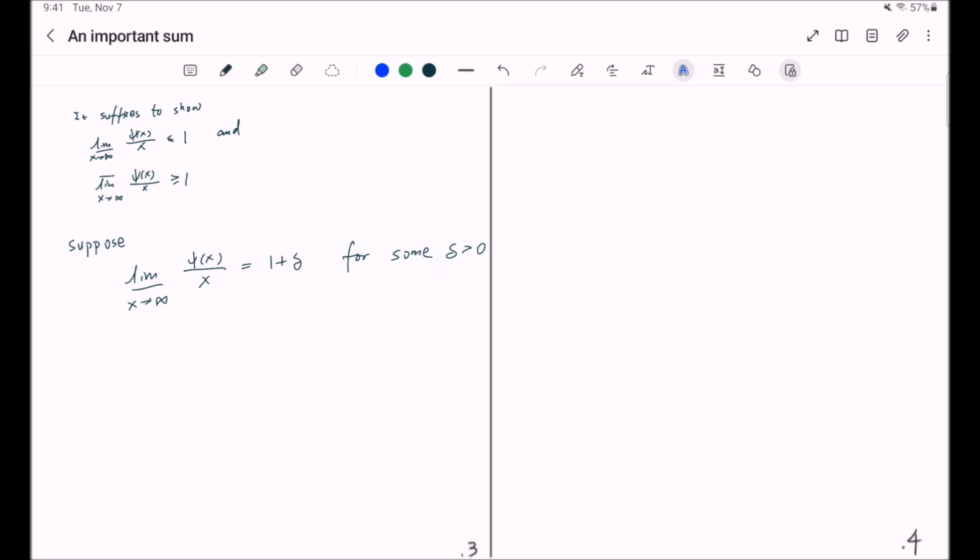So this delta must be a finite number as well. Then there exists an x0 bigger than 0 such that psi of x is bigger than (1 plus delta) divided by 2 times x for all x bigger than x0. This is by the definition of lim inf.